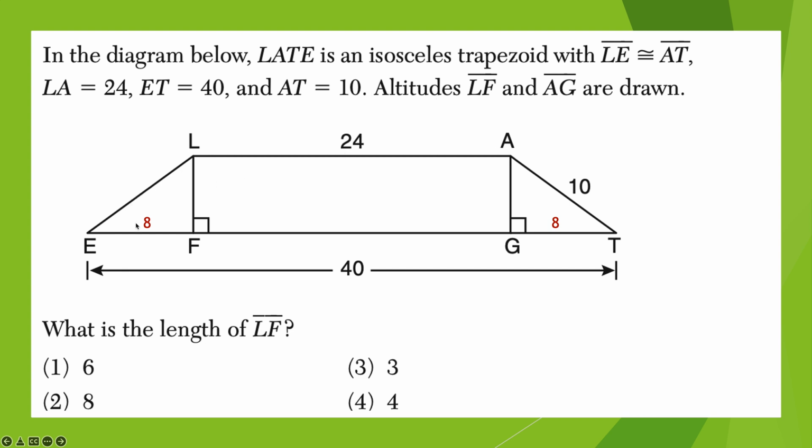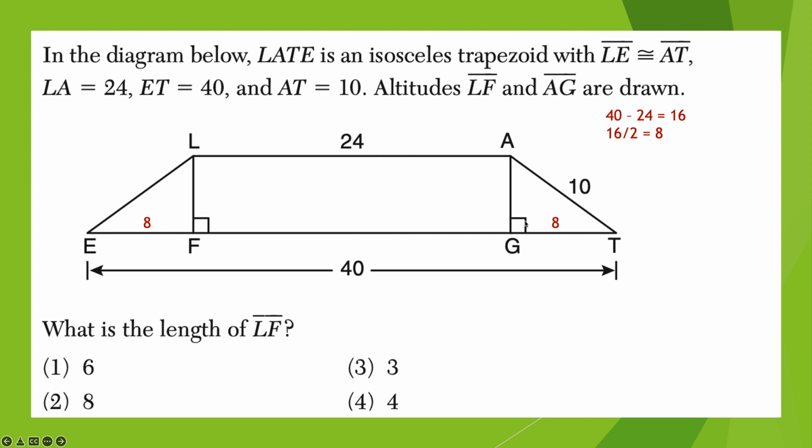It's an isosceles trapezoid, so that means that the distance from E to F will equal the distance from G to T. So if I do 40 minus 24, I'm going to get 16. And then if I cut that 16 in half, I'm going to get 8. So that's why EF and GT are both 8.